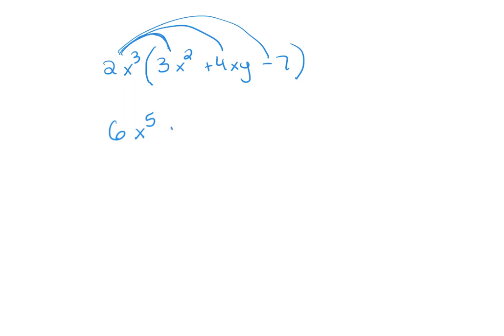Okay, 2 times 4 is 8, x to the third times xy, so this would become x to the fourth, and then the y would just carry on. And then minus 2 times 7 is 14, and then the x to the third just follows.